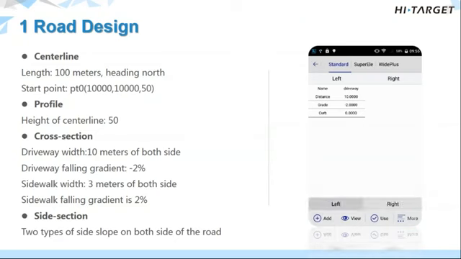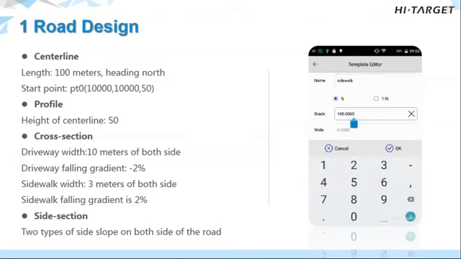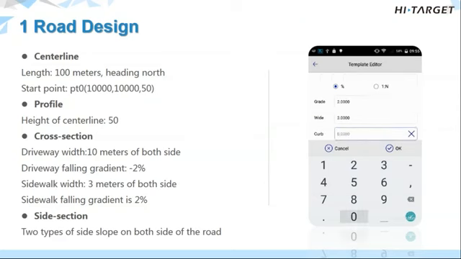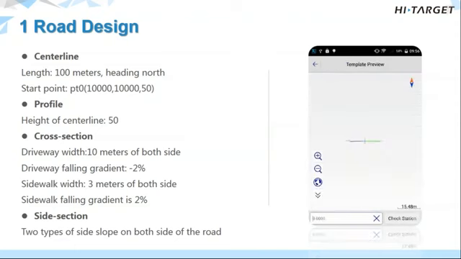In this video, we can see first we set the driveway and then the sidewalk. You need to input the grade and width of the road to design it, and use the left-right identity tool to get the whole road, and you can check the preview too.